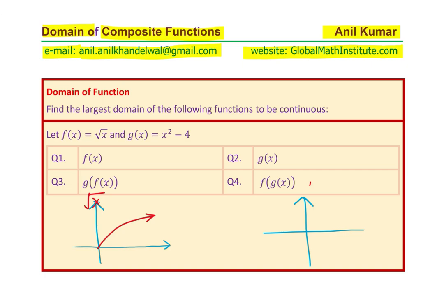g of x, which is the function I'm drawing next, x square minus 4 means a parabola opening up. If x is 0, the minimum value is minus 4, right? So that becomes the function. So clearly, we have to give the largest domain of the functions.